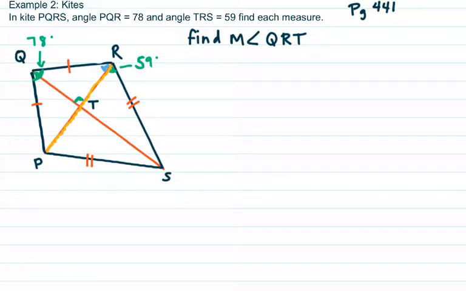In most cases, and not in all, let me highlight this diagonal QS, not in all, but it will probably bisect the angles. So this is probably half of 78, but I am not 100% sure. So I'm gonna go by the example that's in your book.